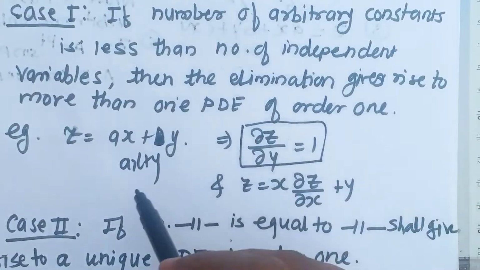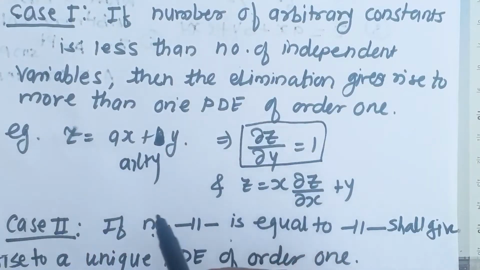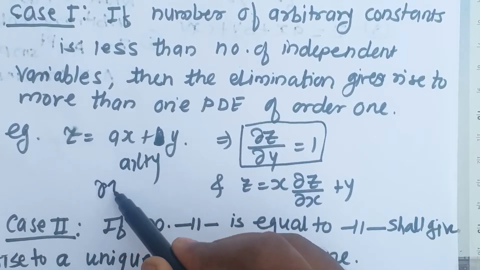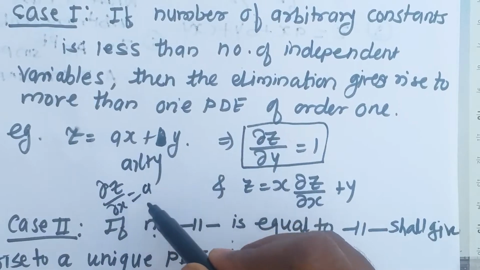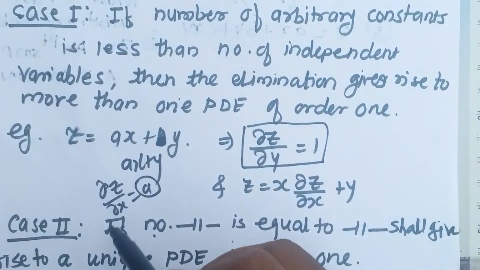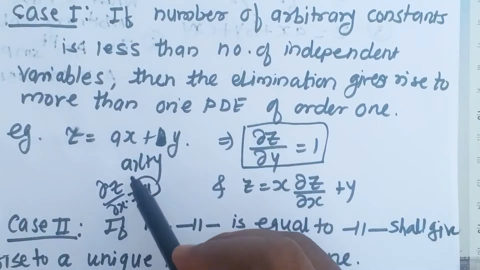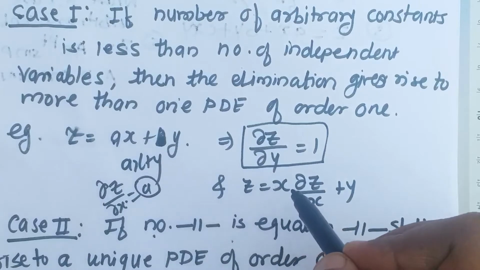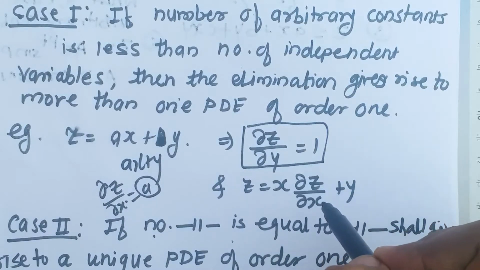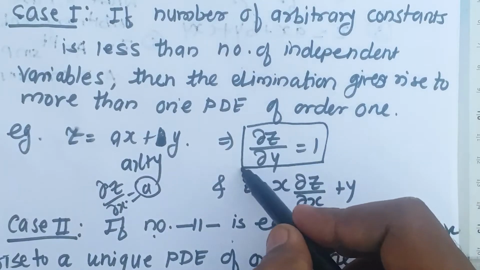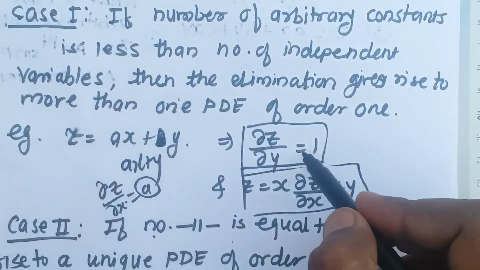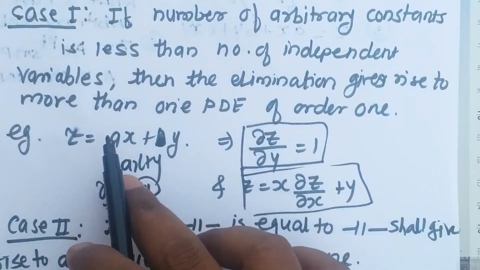Again, if you differentiate with respect to x and then eliminate the constant a, the derivative with respect to x will be a, right? Meaning the value of a is del z by del x, and if you substitute this value of a here, we get the differential equation z equal to x into del z by del x plus y. It means we have obtained two first order partial differential equations for the same solution.